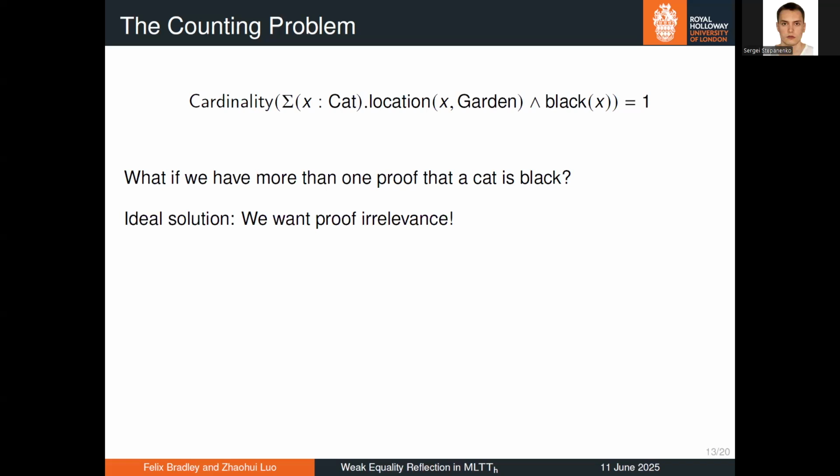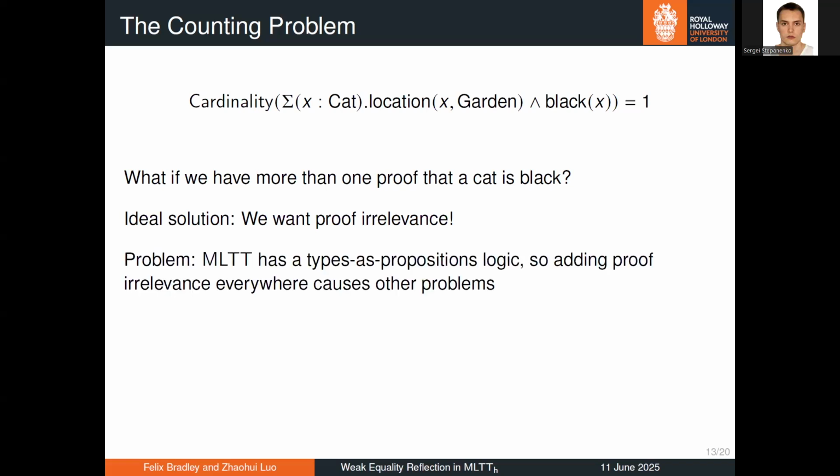So we want some notion of proof relevance in our system so that we can ignore the fact that we might have two different proofs of the same property. So the idea is that we want to try and add proof irrelevance to MLTT in some fashion in order to solve these problems.